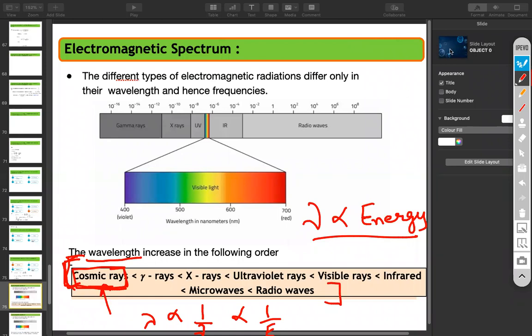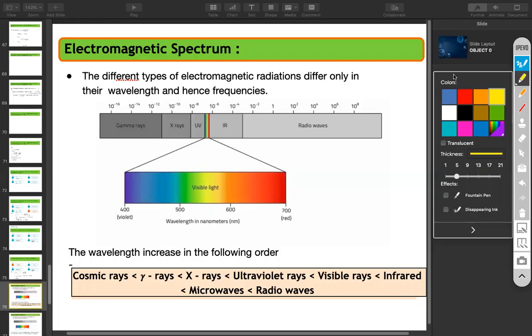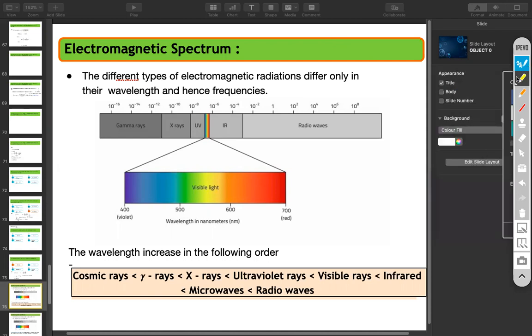Okay, guys, will you be able to remember this order? Yes or no? Am I audible? So if I own an XUV, what will I say?